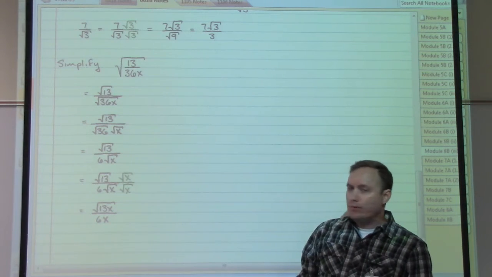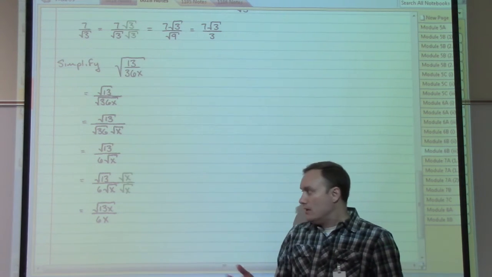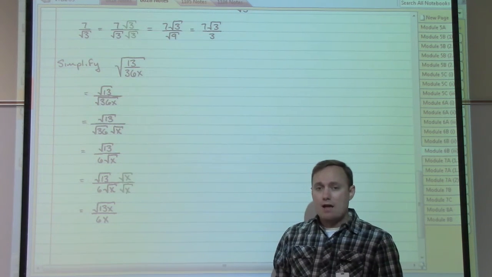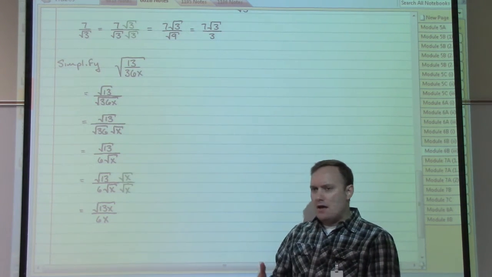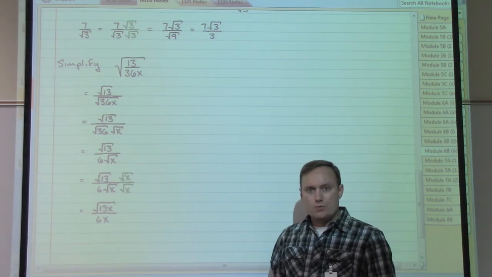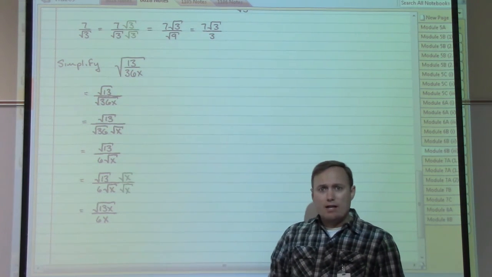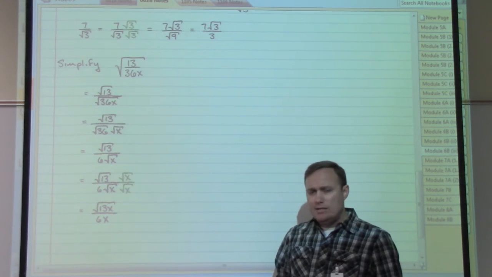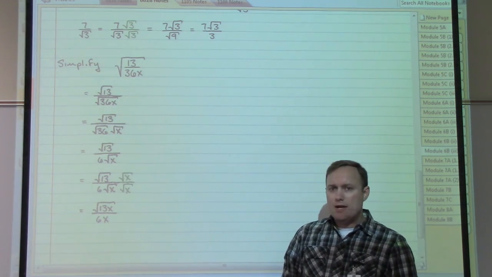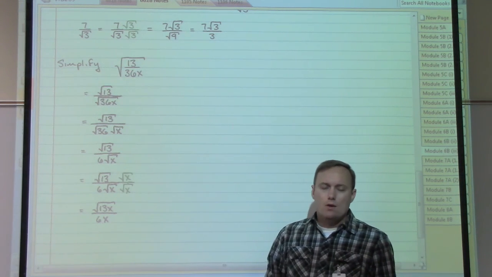For right now, rationalizing the denominator, these are the kinds of division style problems that we would have to deal with that none of our earlier comments or procedures would have helped us with. So we have the little extra comments here that allow us to take care of that, and that takes care of everything that we might need to do for the time being with radicals.